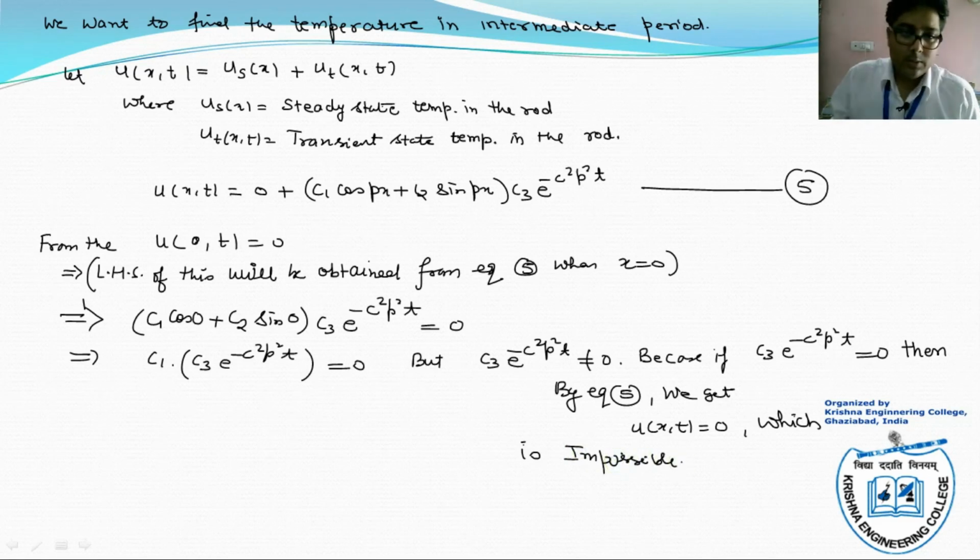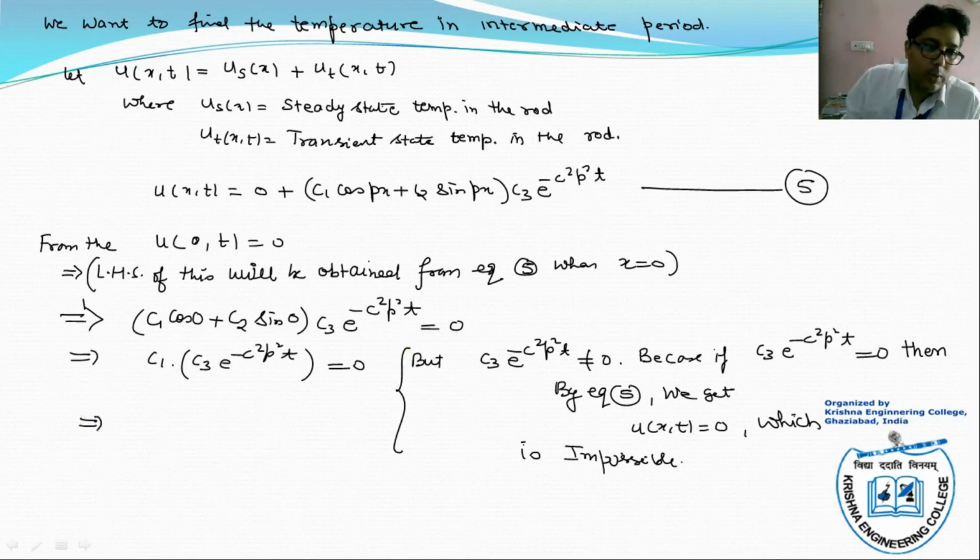Clear? So this term will not be equal to 0. So we get only one possibility here: C1 is equal to 0.